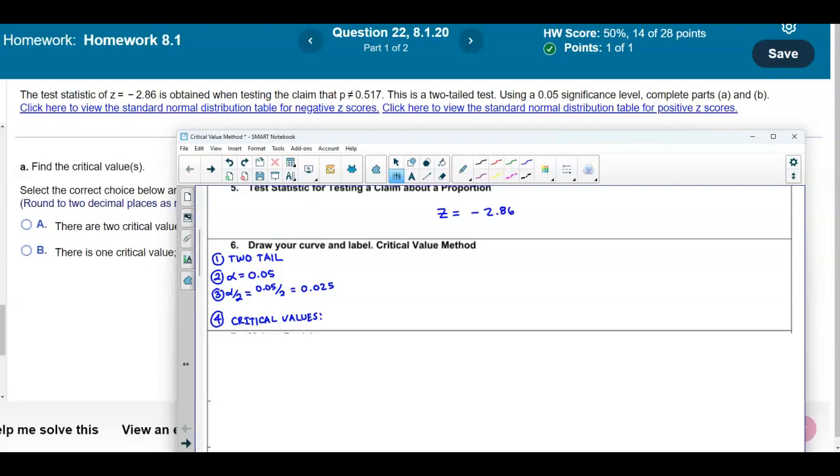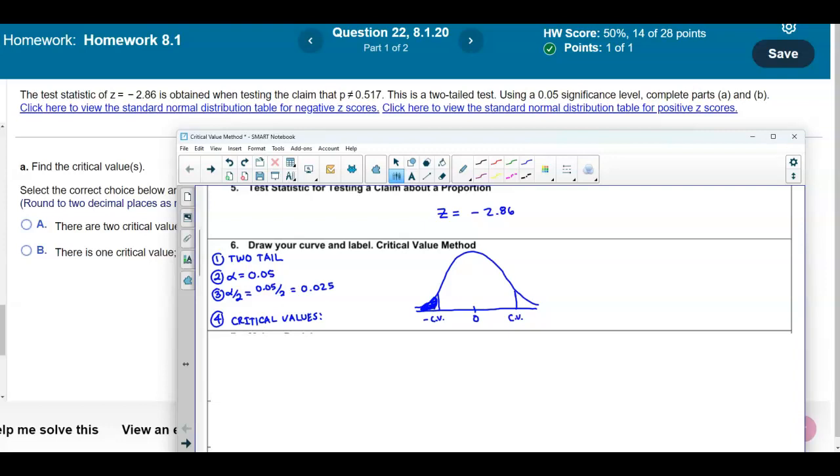In order to do that, we're going to draw our bell curve. We know that we have a mean of 0, and we're going to have two critical values: a negative critical value and a positive critical value.